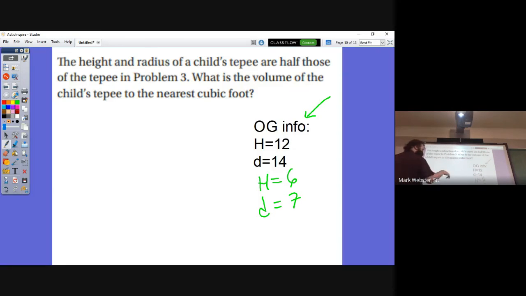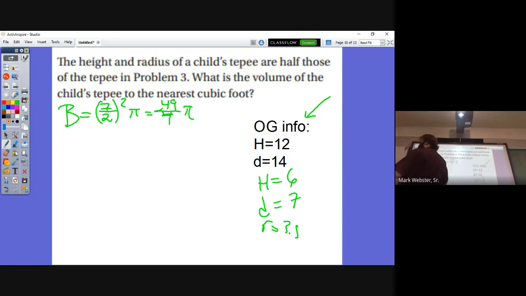Right? We get, so the area of the base, when we square 3.5, or you can just leave it as 7/2. That's what I did. I would rather just leave it like that.